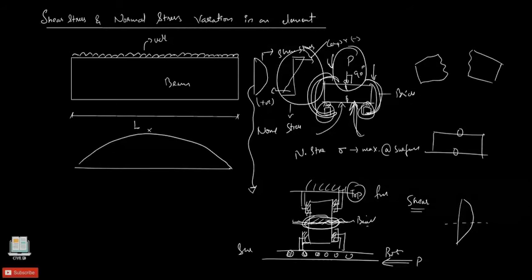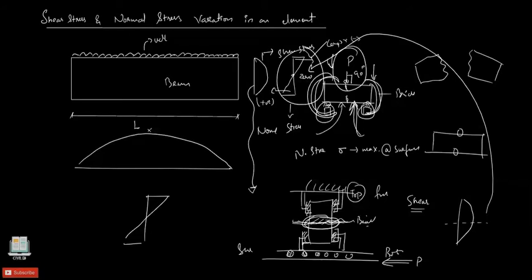Okay, now let's come back to the normal stress. I forgot to mention one point here. Why is the stress actually 0 here? See, this point is 0 because there is a transition between the two different types of stresses, mainly compressive and tensile, wherein the stress changes its sign from compression at the top to tension at the bottom.